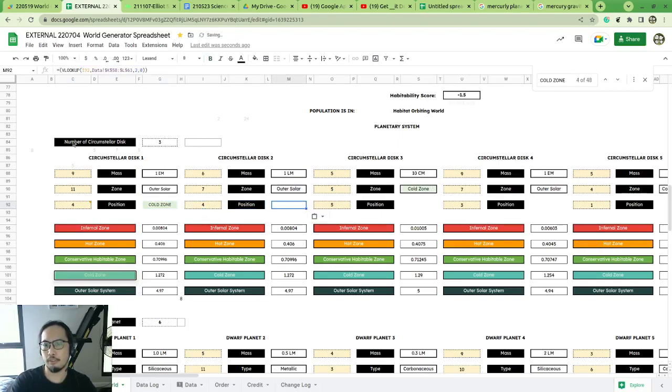Let's see if it carries over. And when I go here, it isn't the correct one. Yeah, okay, let's go for Infernal Zone. Outer solar system.